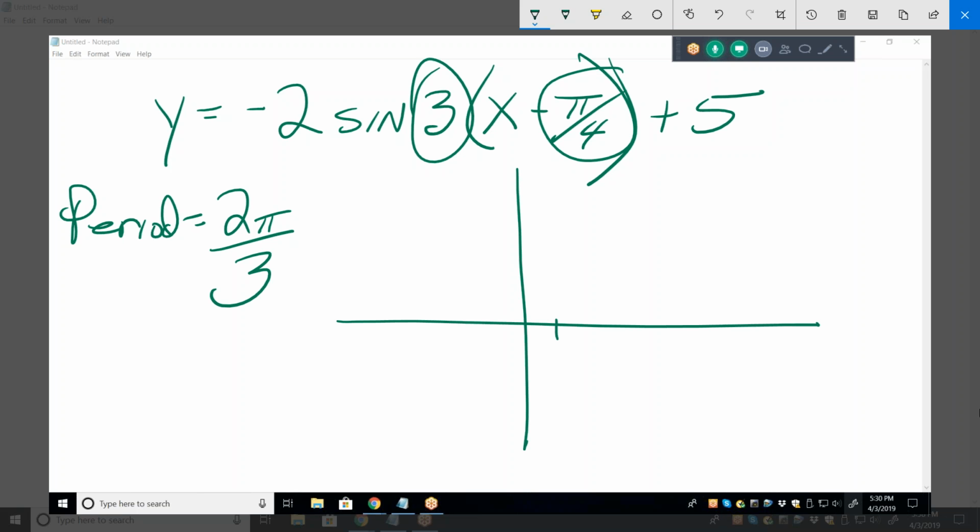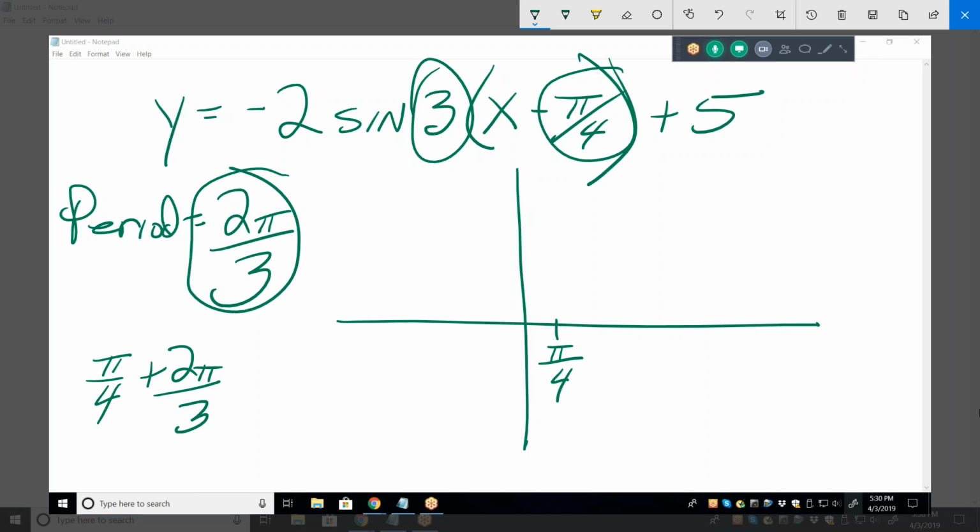So I'm going to go to pi over 4, and then I'm going to add 2 pi over 3 for 1 full period. So pi over 4 plus 2 pi over 3 is 3 pi over 12 plus 8 pi over 12. That's 11 pi over 12.